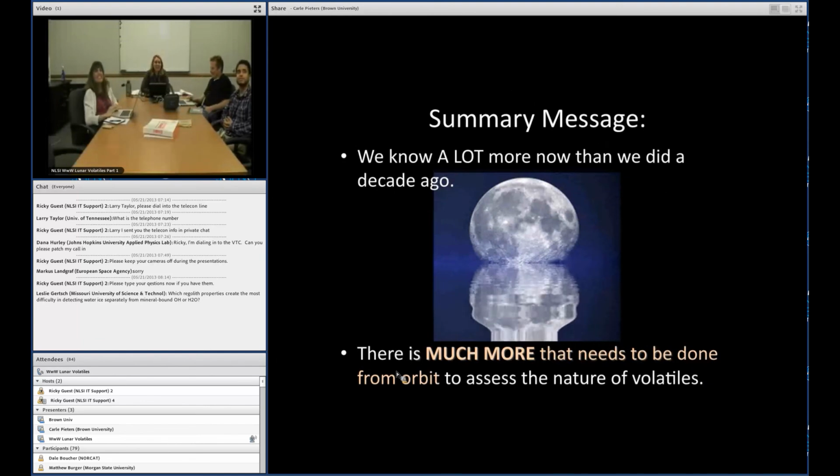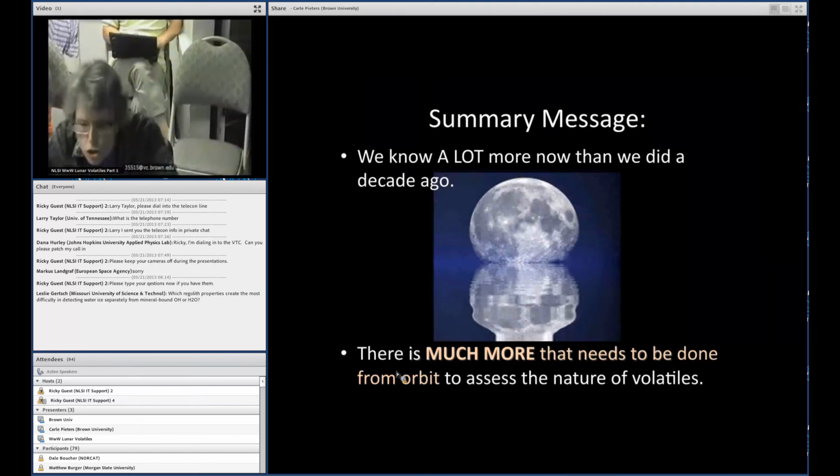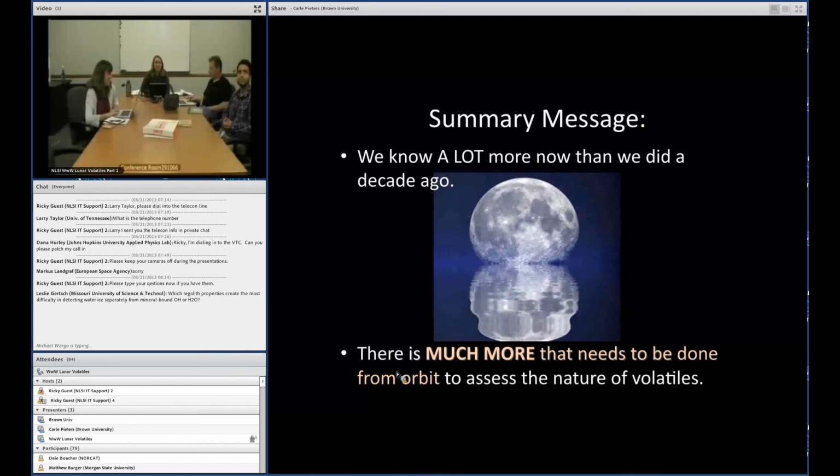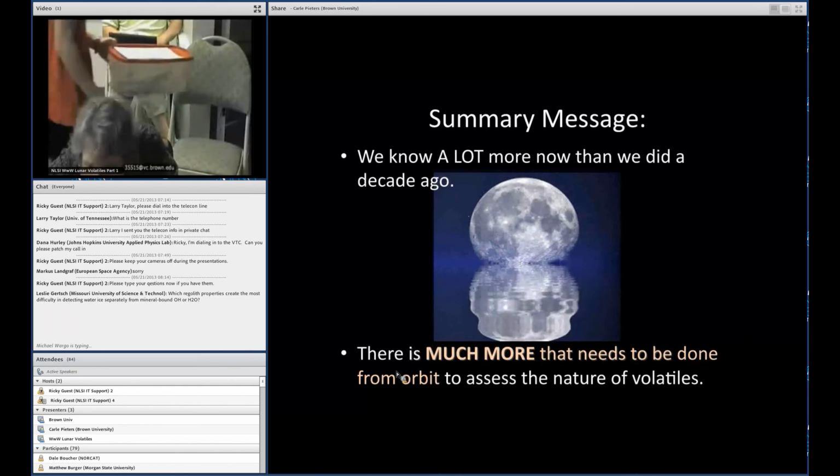All right, thanks, Carly. There's a question typed in from Leslie Gert, which is, which regolith properties create the most difficulty in detecting water ice separately from mineral-bound OH or H2O? So, say that again. Which regolith properties create difficulty to detect separately?